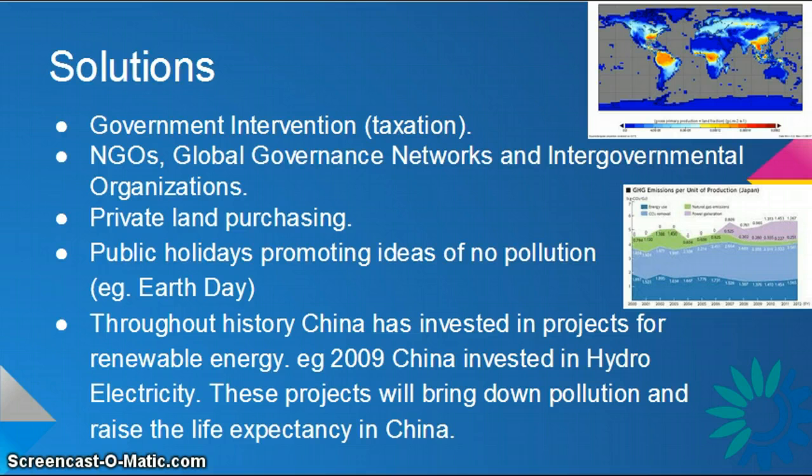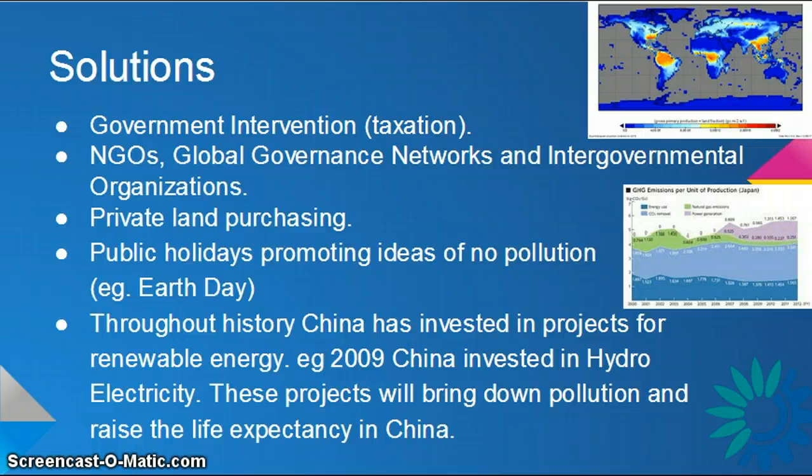This includes atmospheric pollution. There have also been national holidays introduced to stop people from polluting, like Earth Day. We see more in America, such as World Environment Day and World Car Free Day, and so on.